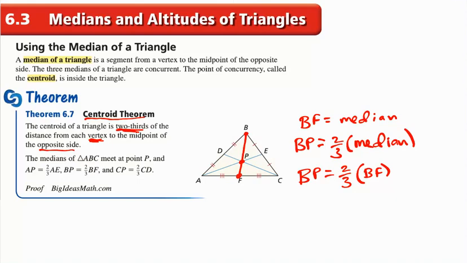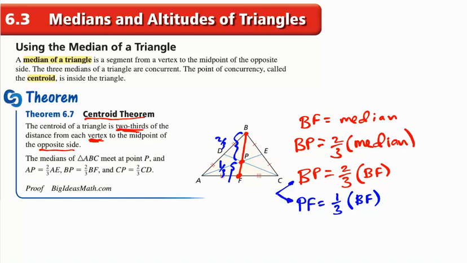Well, if BP is 2/3, then how much is PF? Hopefully you said 1/3, because 2/3 and 1/3 makes 3/3, which is one whole. So we can say that PF is equal to 1/3 the length of the median, which is BF. Can you make a relationship between these two parts of the median?